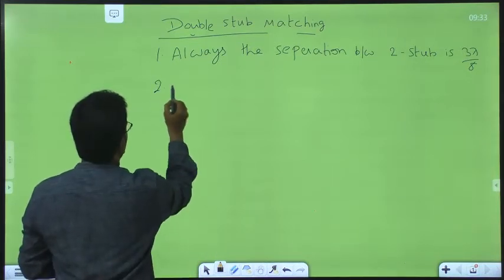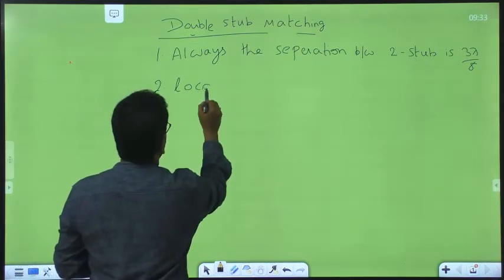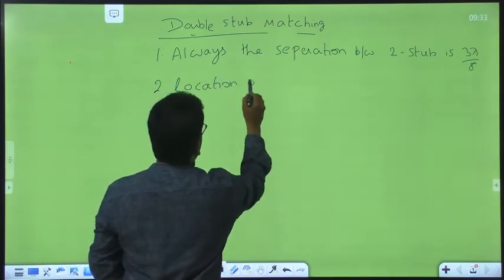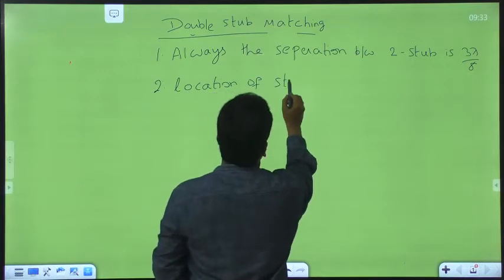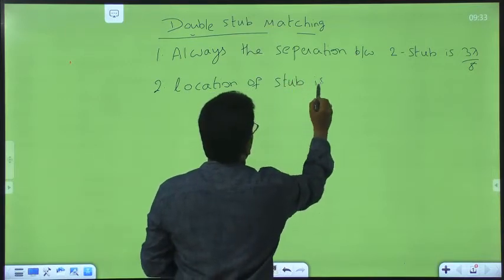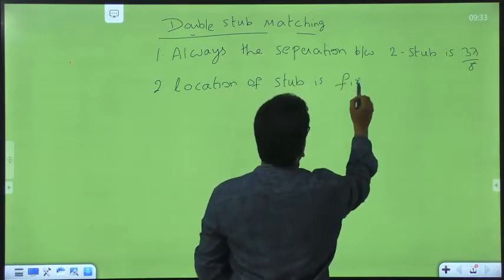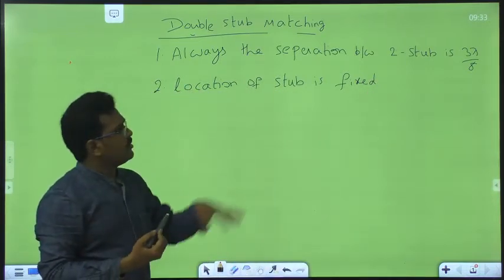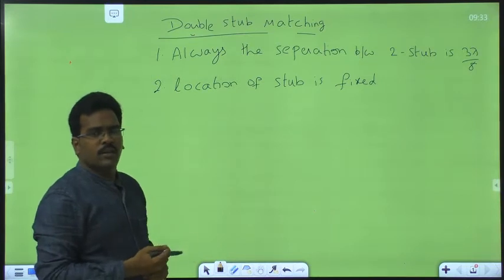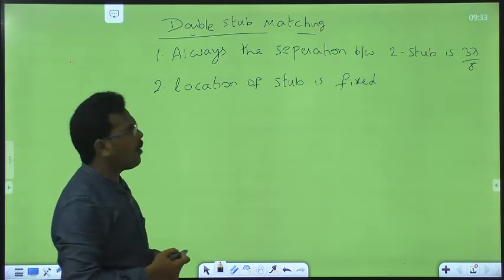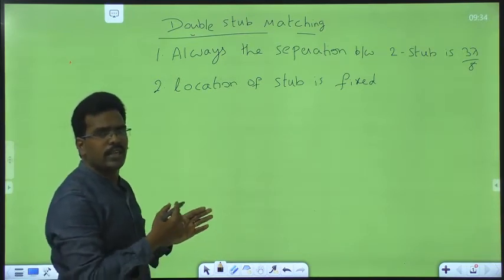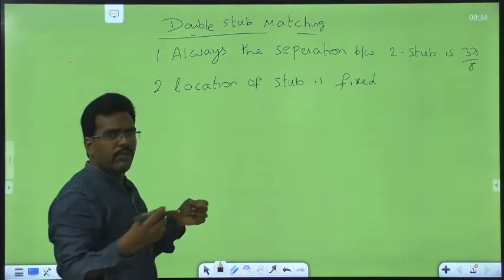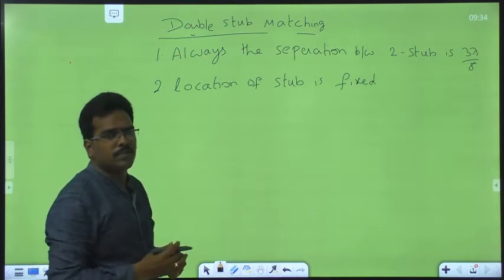And the second one is that the location of the stub is fixed. Because of these two reasons, maximum problems are solved, because there is no need to change the location of the stubs when our load impedance changes. Simply by varying the length of the stubs, we can do impedance matching.